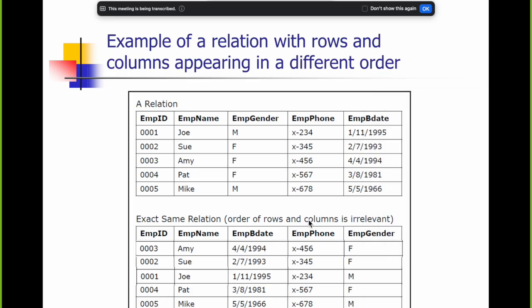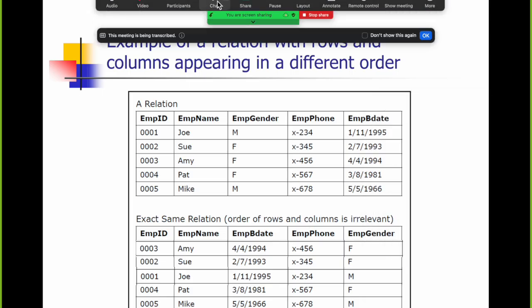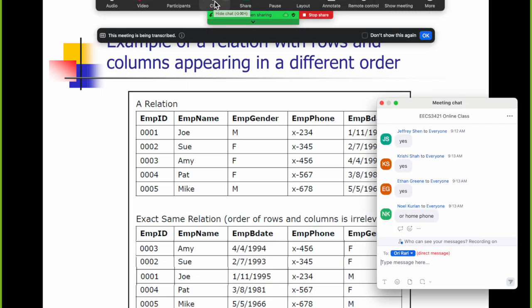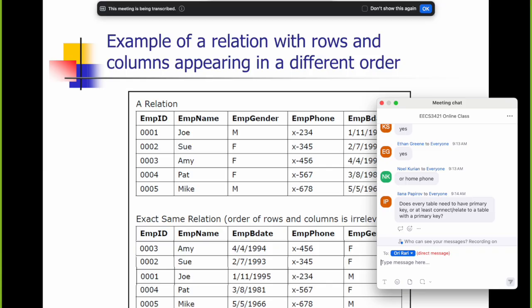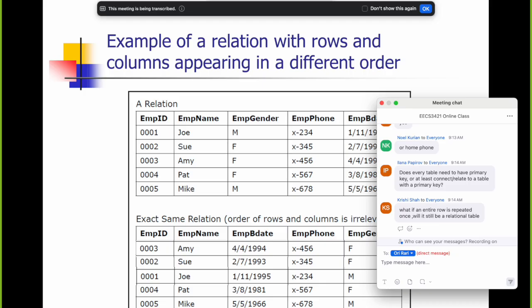Do you have more questions? Does every table need to have a primary key, or at least connect or relate to a table with a primary key? The first part of your question: yes, every relational table, or every relation, should have a primary key, because we should be able to uniquely identify each row.